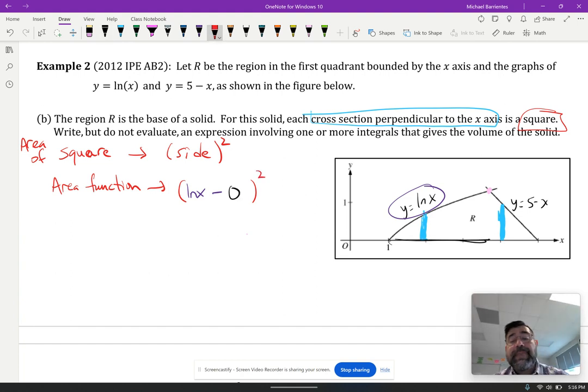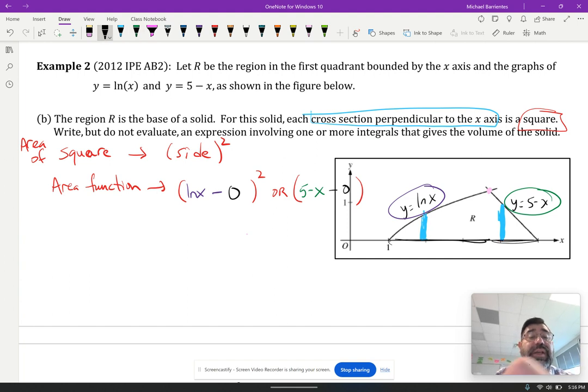That's going to tell me the area of any square cross section in this part of the region, right? And then the second part, so I'm going to say or. If I go to the second part, then this is the top and this is the bottom. So this is the top, 5 minus x, and then the bottom would be 0, y equals 0, and then we're going to square that.